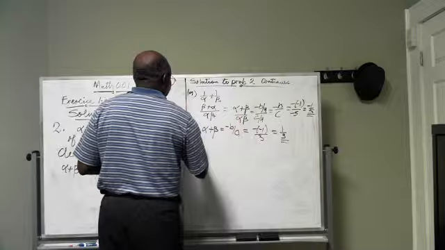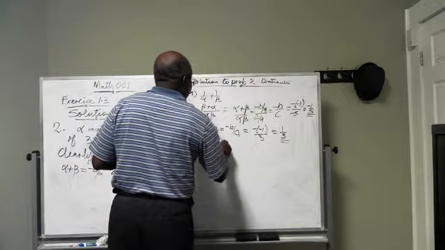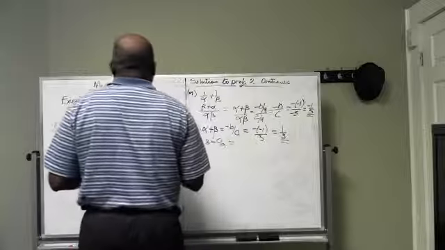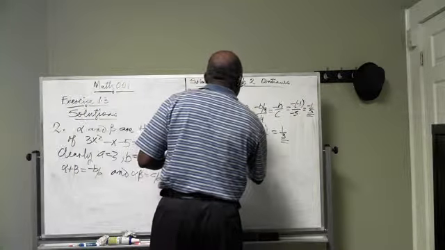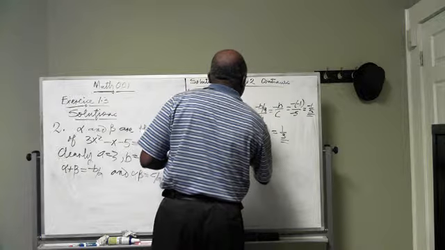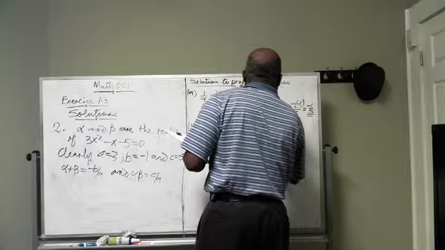C, alpha beta equals c over a, which is equal to minus 5 over 3, which is equal to minus 1 and 2/3.